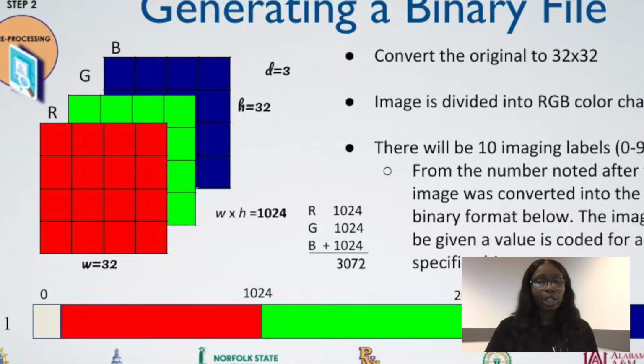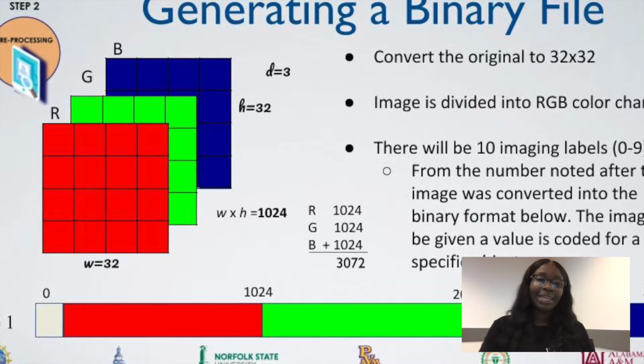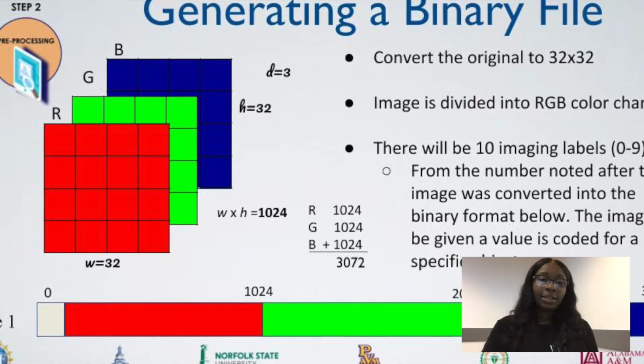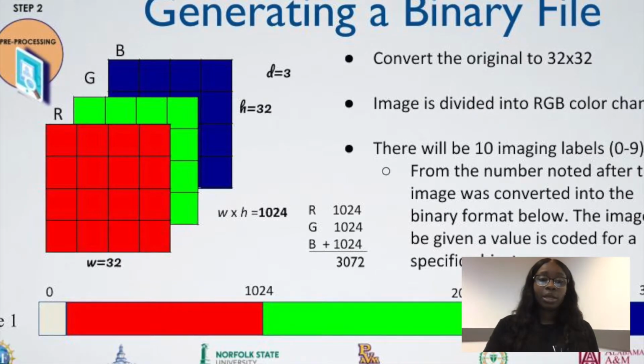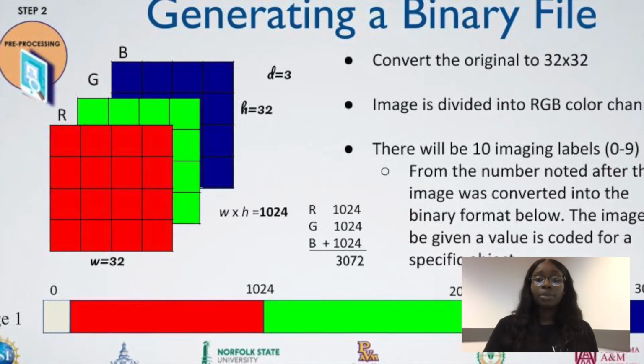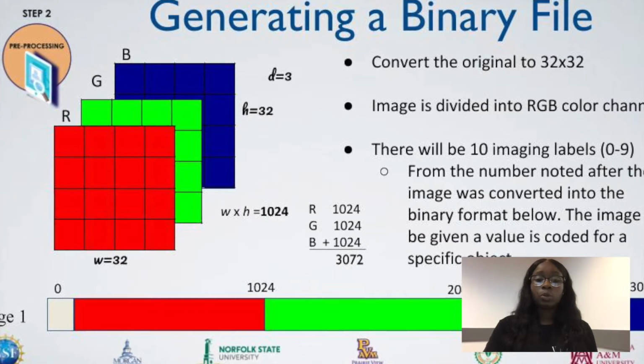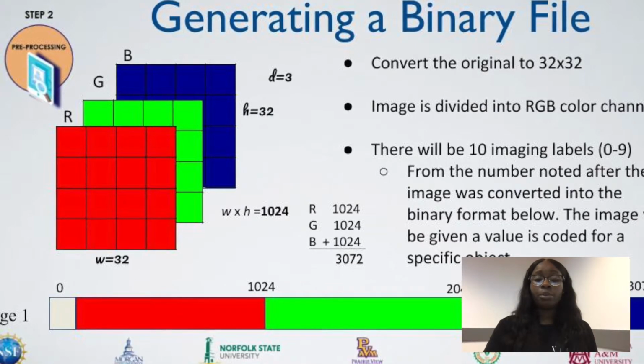Now, an extra step in data preprocessing is generating a binary file. With the reduced image being 2D, it will have to be converted into a one-dimensional data array. That 2D image will be divided into red, green, and blue color channels.